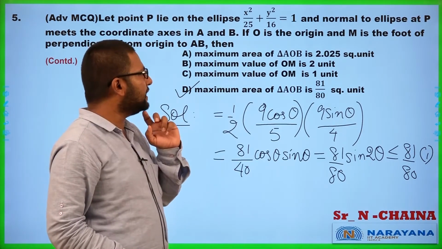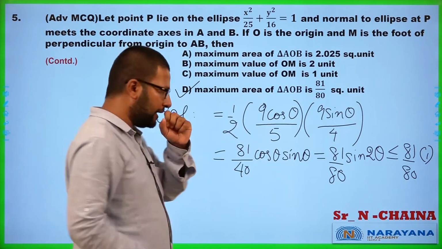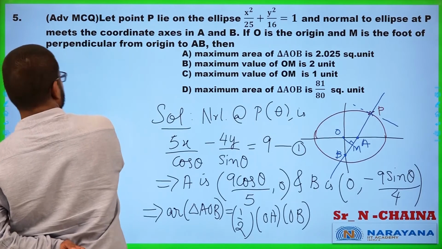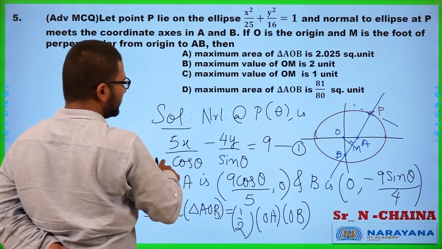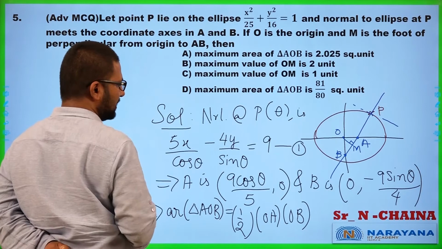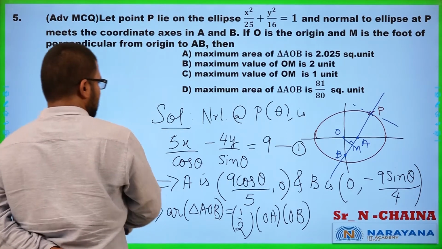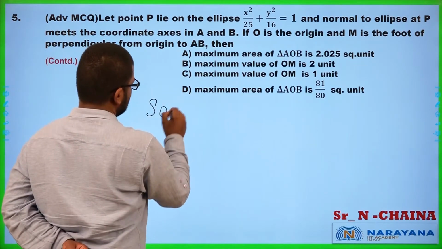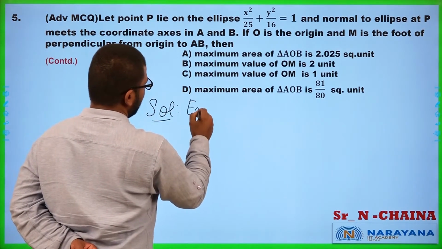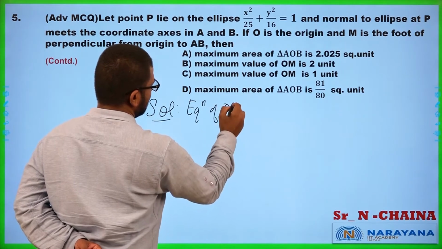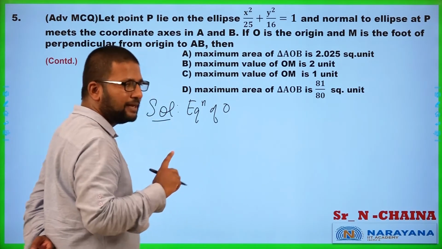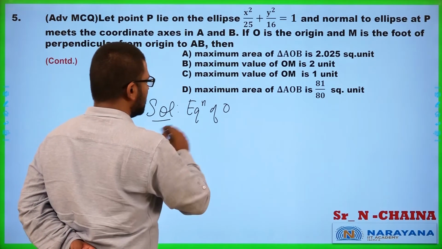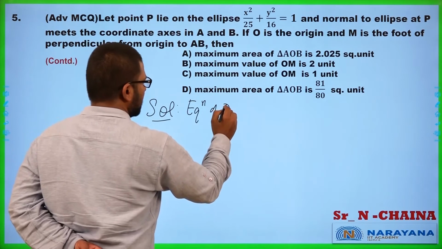So now we need to find the maximum value of OM. Observe that this is the equation of the normal at P, 5x by cos theta minus 4y by sin theta equal to 9. Let us call this AB.